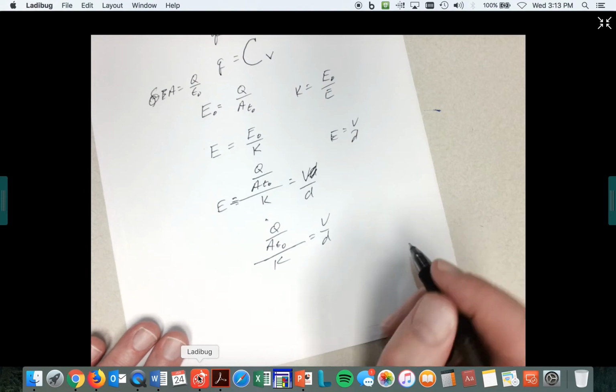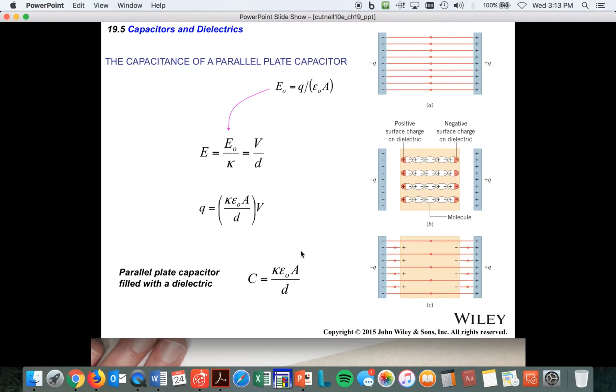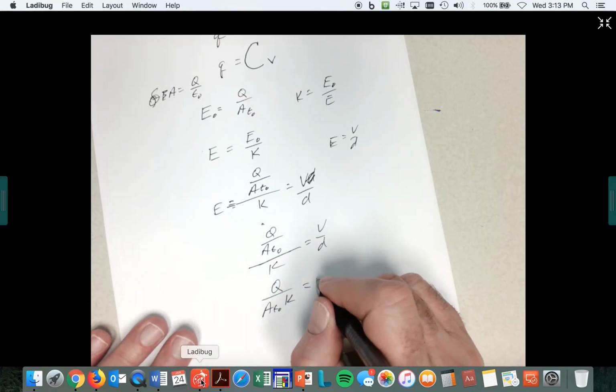All right. How do I get rid of my V? Oh, it's still there. Oh, this becomes C. I see, because Q is equal to C times V. Cool beans. So I get Q over A epsilon naught K is equal to D... You should never do this when you're tired.